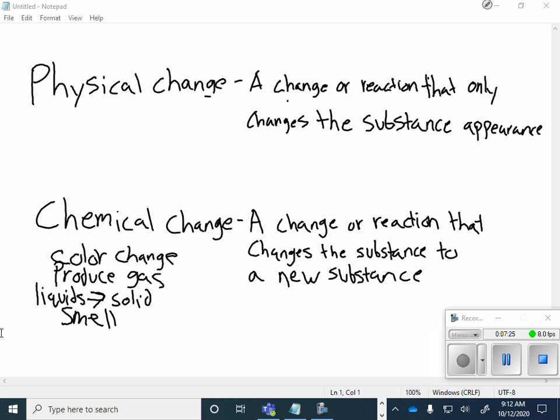So let's talk about eggs. If you leave eggs out for a long time, what happens to them? They rot, and then if you break them open, it smells pretty bad, right? That's actually an indication that the egg has gone through a chemical reaction. It had a chemical change occur, and it creates a lot of sulfur, which is the really bad smelling rotten egg smell. So, yeah, those are good indications of chemical reactions occurring.